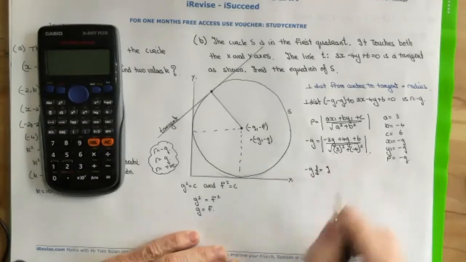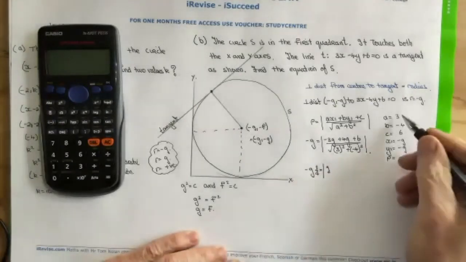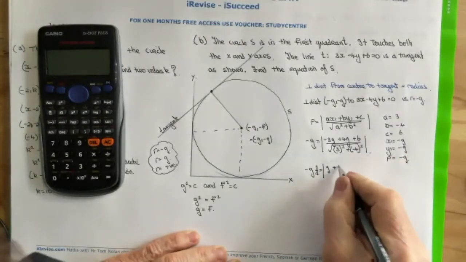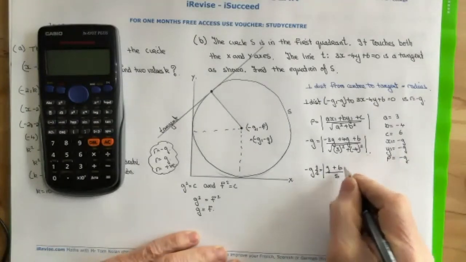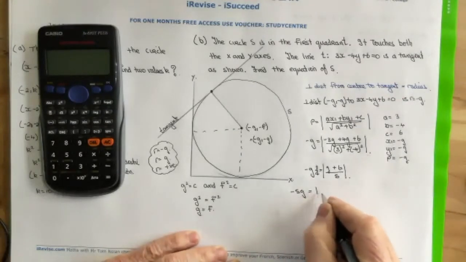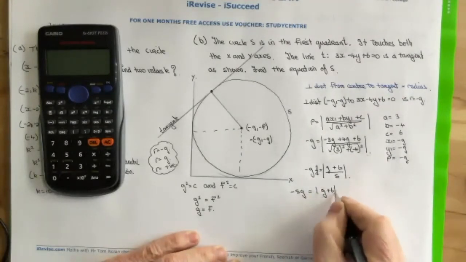Minus g is equal to the length of minus 3g plus 4g, which is g, plus 6, all over 5. Cross multiply, minus 5g is the length of g plus 6.